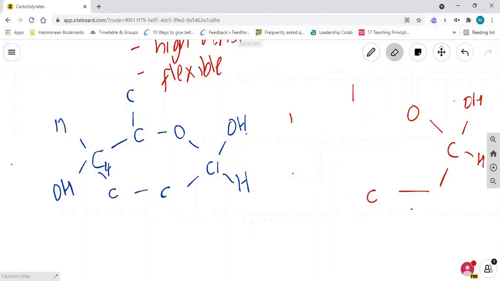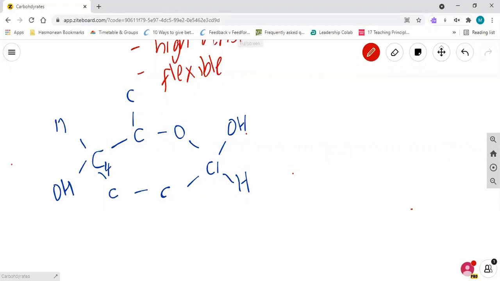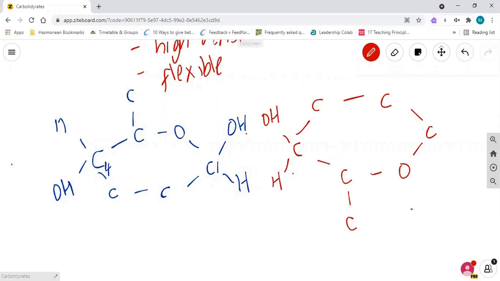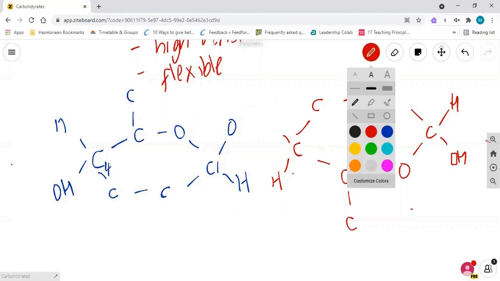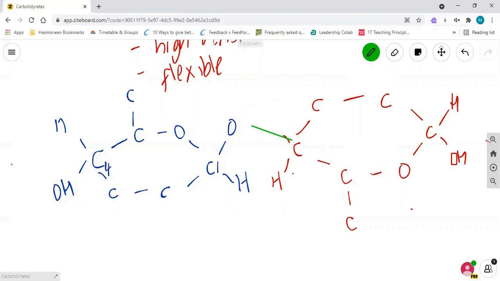So what has to happen is it's going to have to flip. So what we see actually happens is that one carbon stays the correct way up, and the next carbon flips itself upside down like this. And because it flips itself upside down like so, we now have our OH at the top there and our H at the bottom there, which means that we can now remove water like we did before and create our glycosidic bonds, carbon, oxygen, carbon.